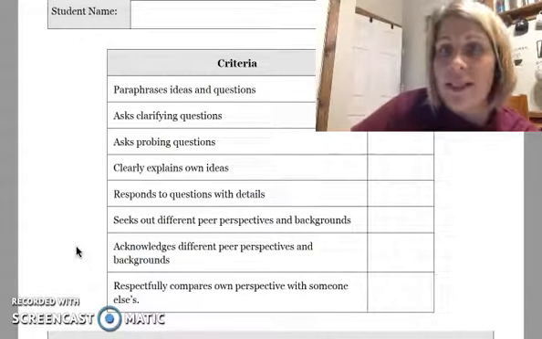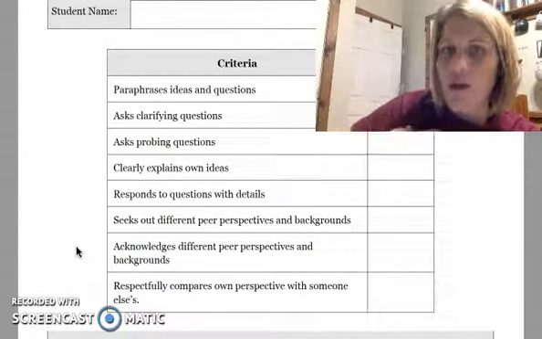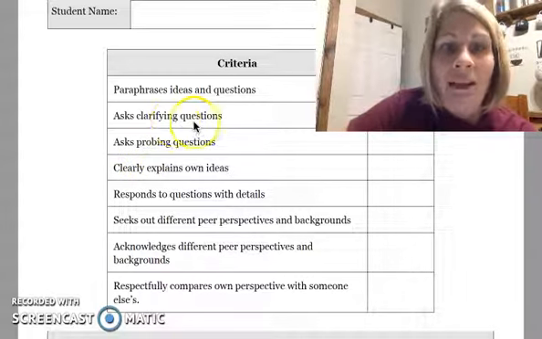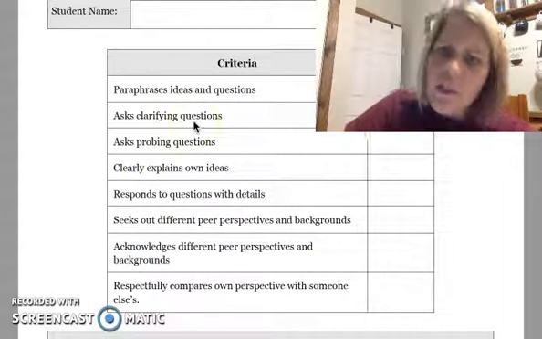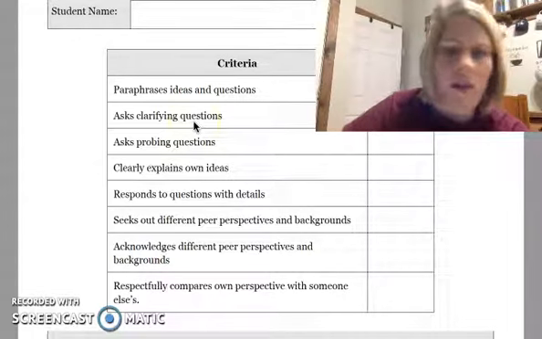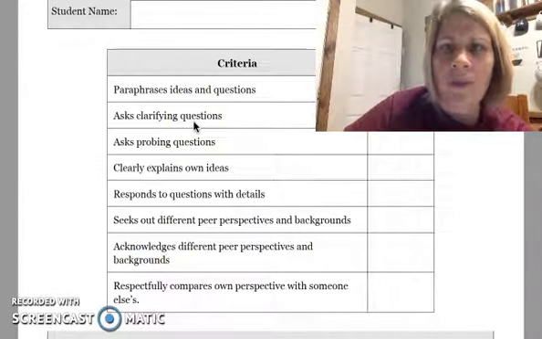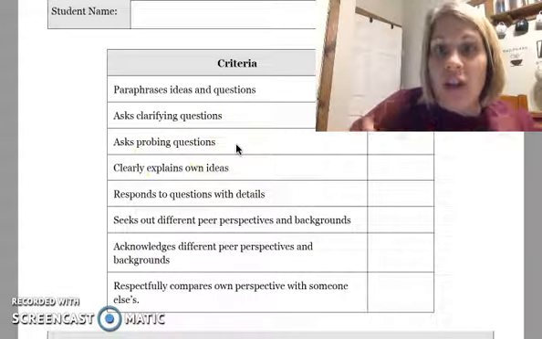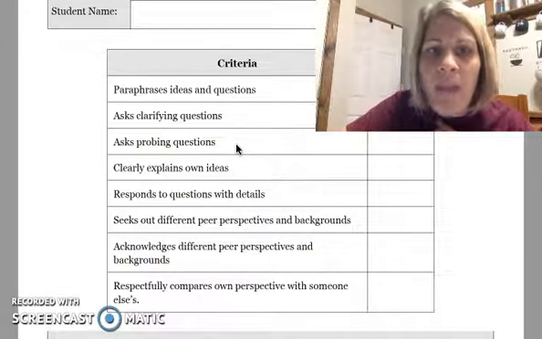When somebody says something to you, as the listener, you can try and paraphrase what you think they're saying. Okay, you ask clarifying questions. Did you mean, or what did you say this? Did you mean this by that? Ask probing questions, which means you want to try to get more information from them.